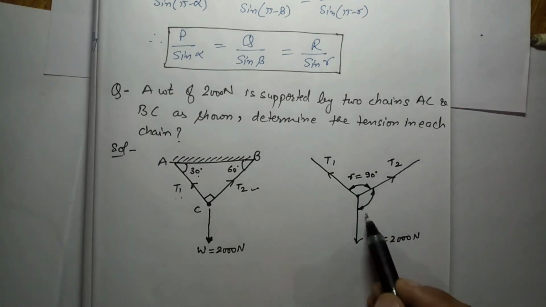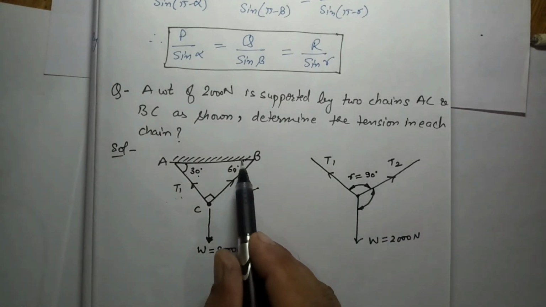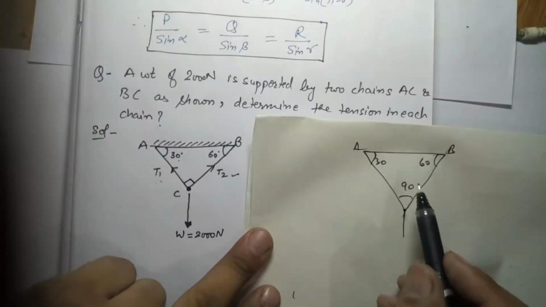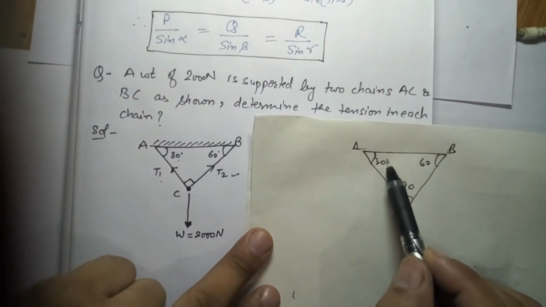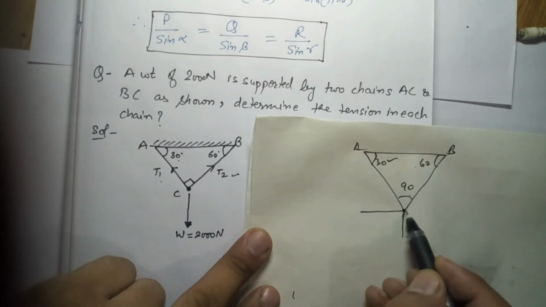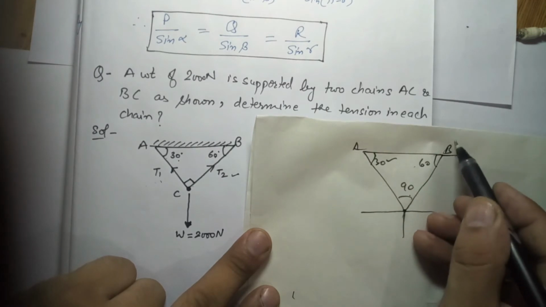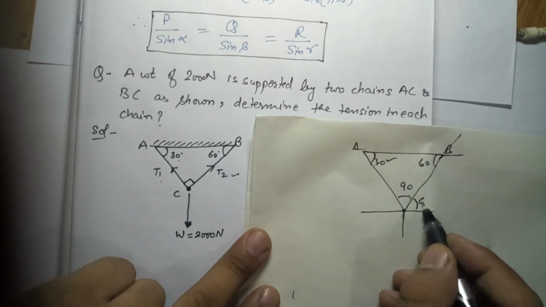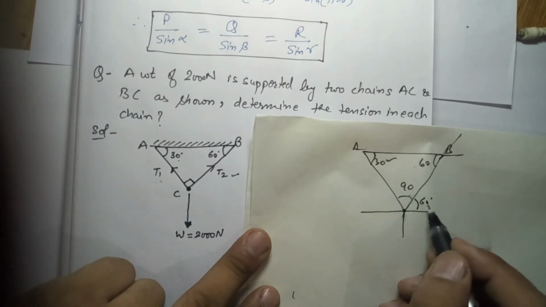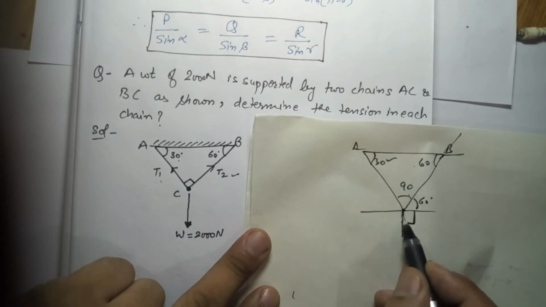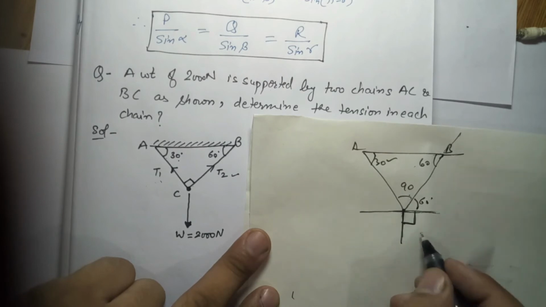Now how to calculate the other angles? We know that this angle is 60. Just to show you how I am calculating the angles: this angle is 30, this 60, this 90. If this is 60, I draw one more line here. This angle will also be 60, just the alternate opposite angles. After that, as we have taken the x and y horizontal and vertical lines, this will be 90.